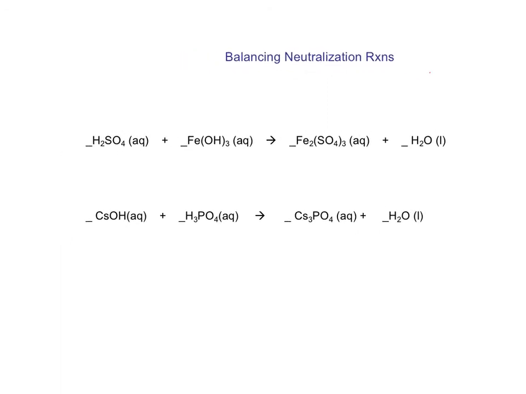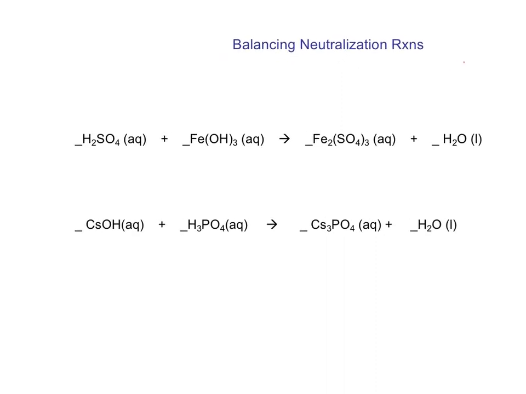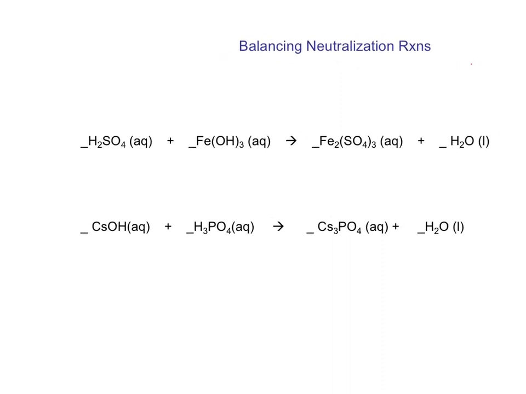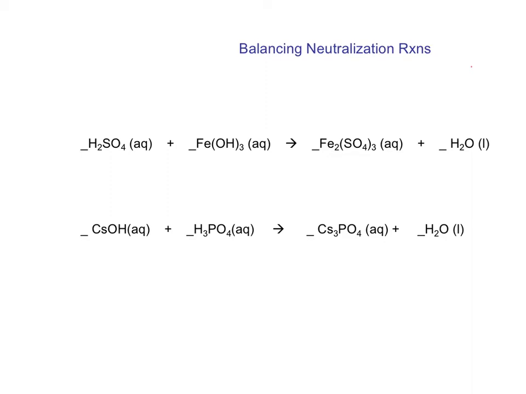All right, let's look at some balancing here. These are similar to the balancing equations that we looked at earlier. In this case, you can see you've got this sulfate.